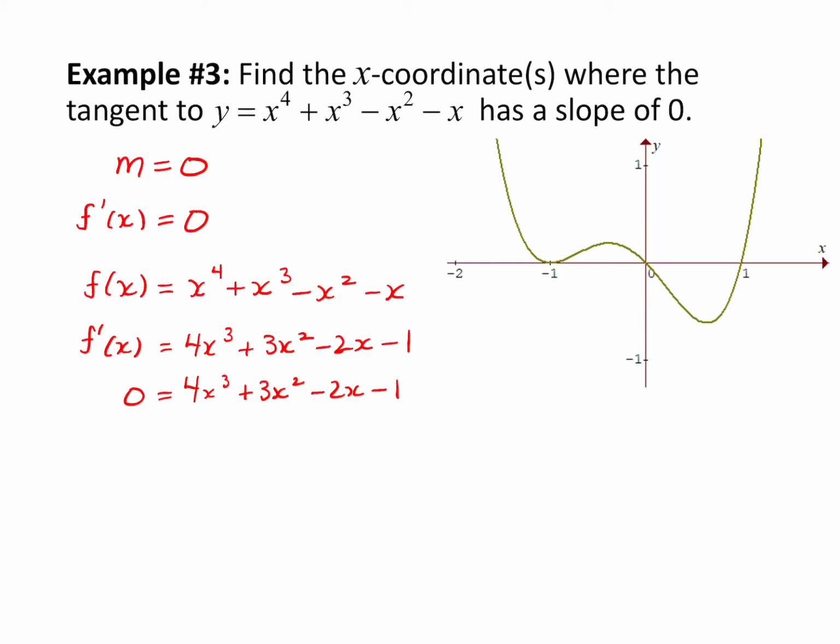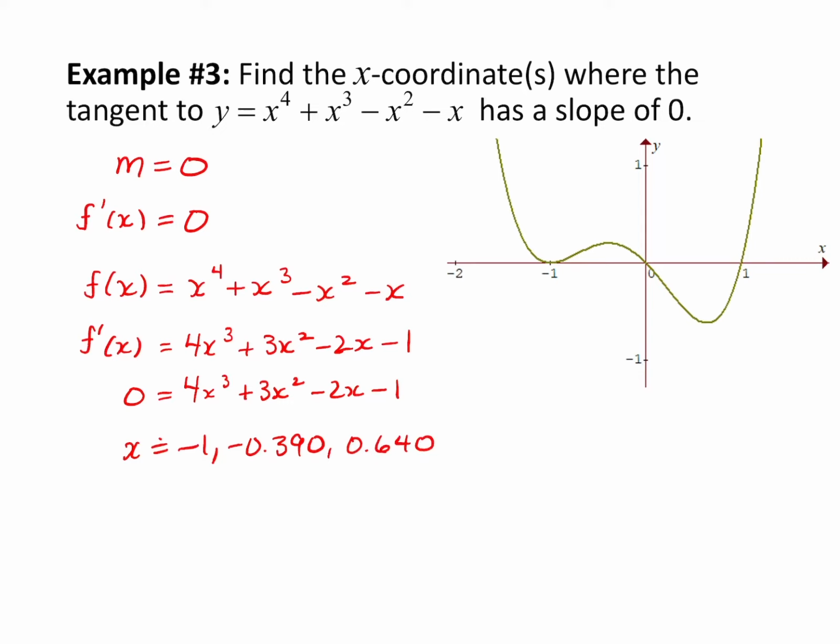What I would recommend is using the cubic equation solver mode on your calculator. Using the cubic equation solver mode with an a value of 4, a b value of 3, a c value of -2, and a d value of -1, we end up with 3 solutions. We get x is equal to approximately -1, -0.390, and 0.640.